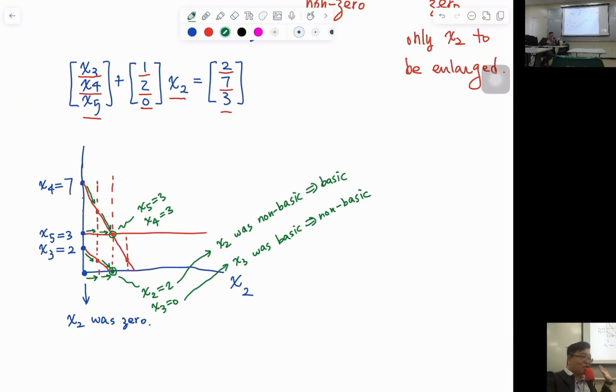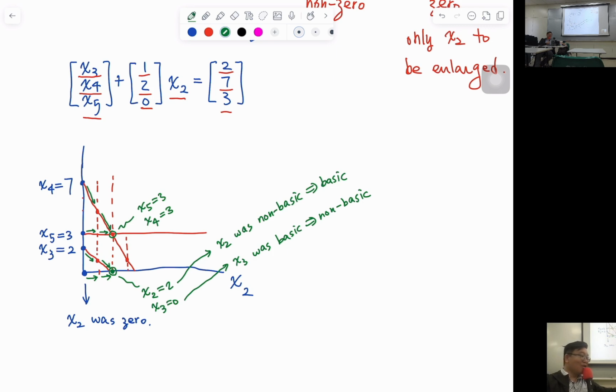You can enlarge as much as you want, however, all the values have to be positive or 0. That's why when you enlarge x2, your x3 drops, and it reaches 0 the earliest. When someone drops to 0, okay, stop, you cannot go further. Otherwise, some of the variables will become negative, which does not satisfy the rules of LP.